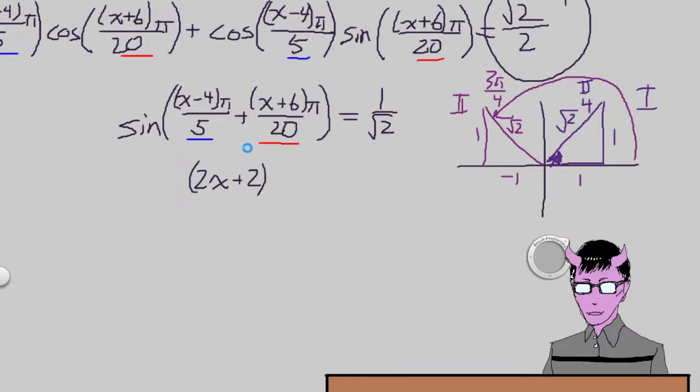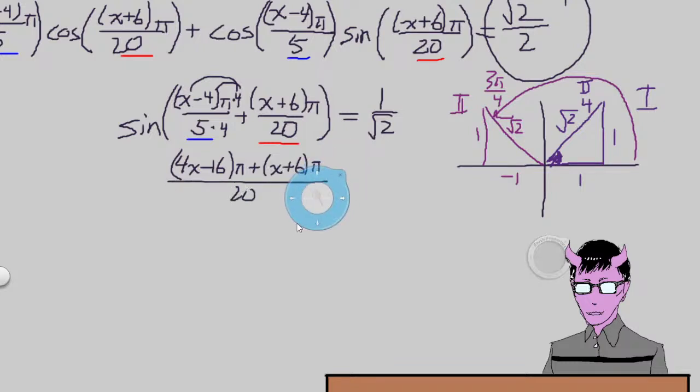Oh, and I can do that. Whoops. Before we do that, denominators are mismatched, so top and bottom times 4. Distribute. Yep. So that's going to give us 4x minus 16. And then the right hand term is going to be copy paste. All right.